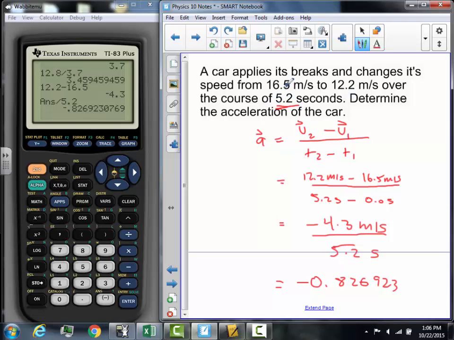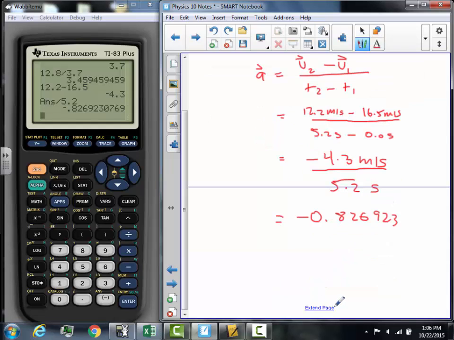We get 2 digits, 3 digits, 3 digits, so 2 digits when we're done, because we're dividing. Does this 0 in front count as a digit? No. Okay. So it'll be negative 0.8. The 2, though, goes up to 3. Good. Meters per second squared.